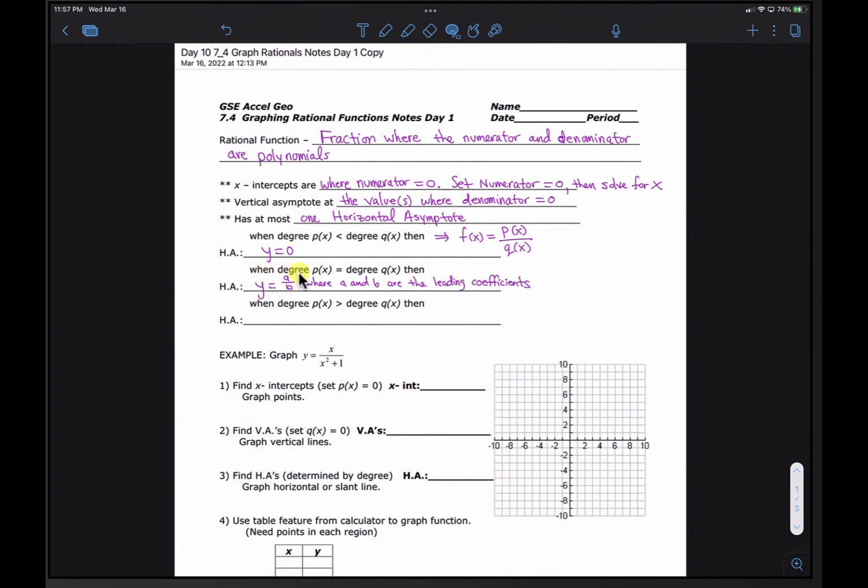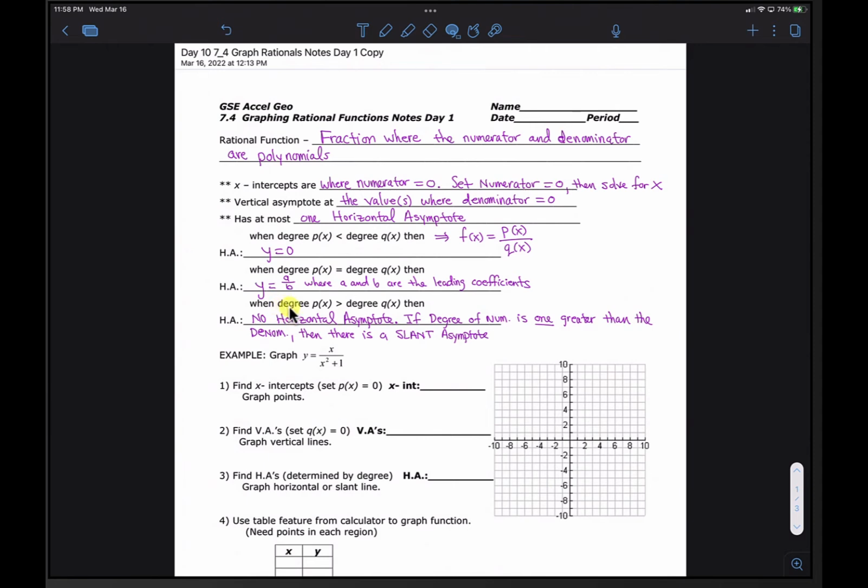When the degree of p of x, in the numerator, is equal to the degree of the denominator q of x, then your horizontal asymptote, HA, will be the equation y equals a over b, where a and b are the leading coefficients of your numerator and denominator respectively.